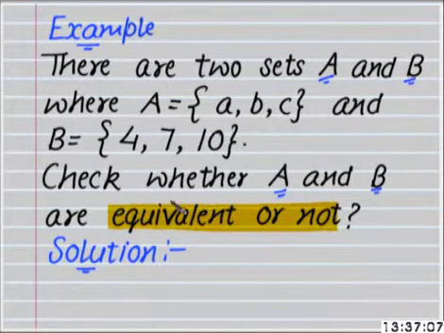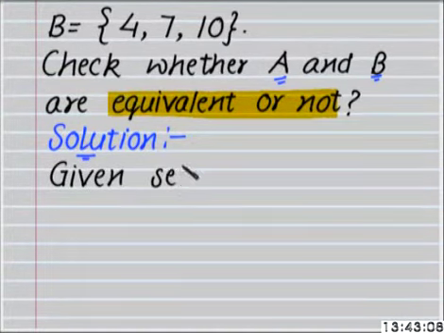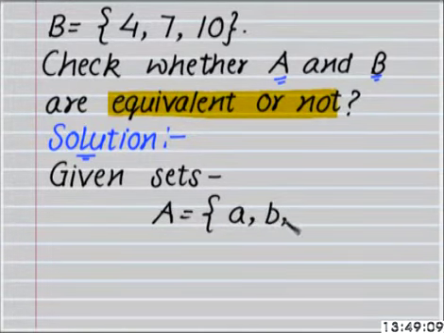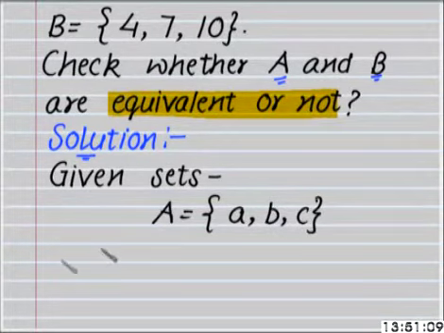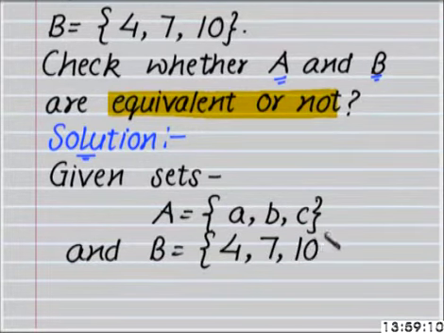Now its solution. Here the given sets are set A containing elements A, B and C, and set B containing elements 4, 7 and 10.